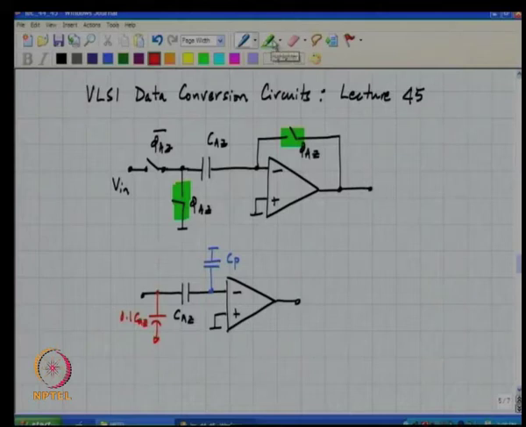clearly there are two ways of physically placing this capacitor.